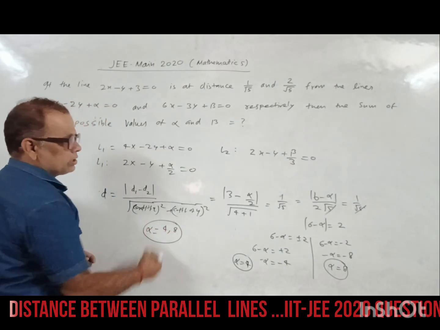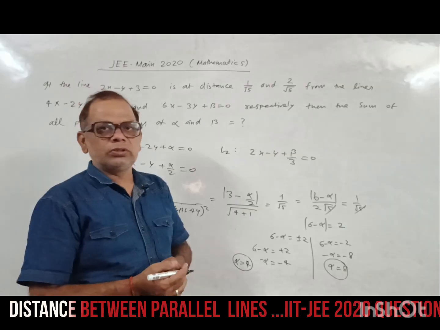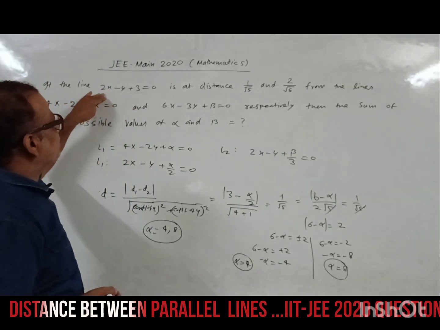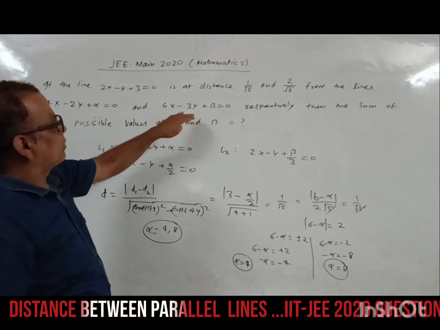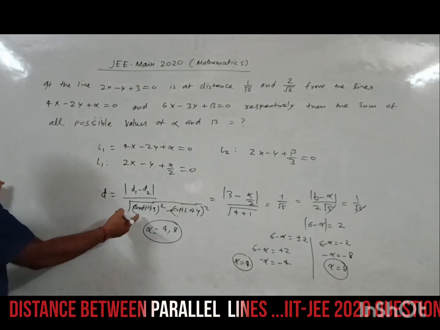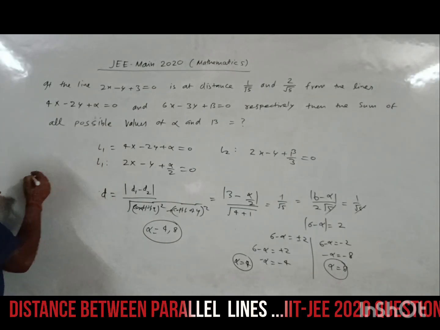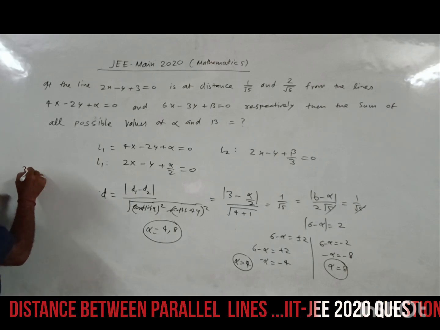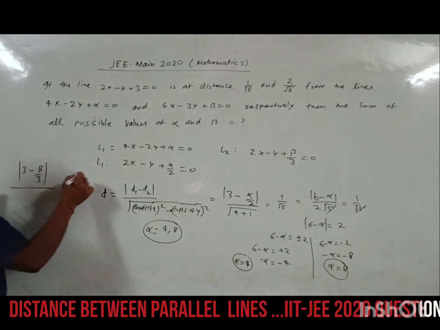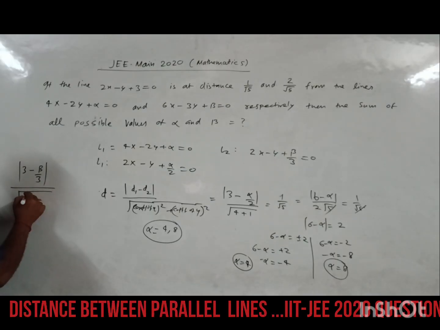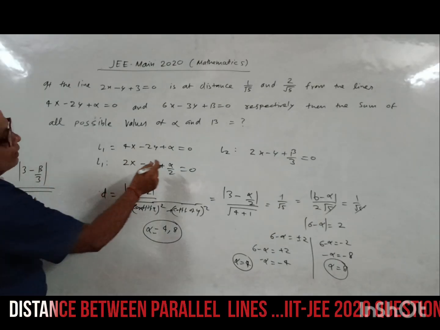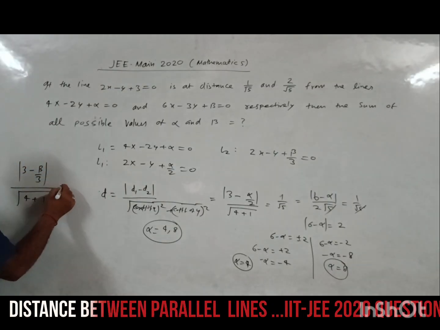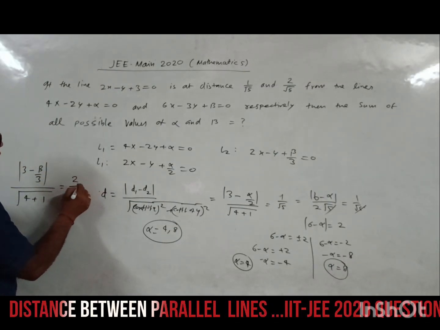Okay, similarly we can find beta also by doing the parallel distance between this line and this line. Using this result, we can write mod of 3 minus beta by 3, divided by the same coefficient root of 2 square 4 plus minus 1 square 1, is equal to 2 by root 5.